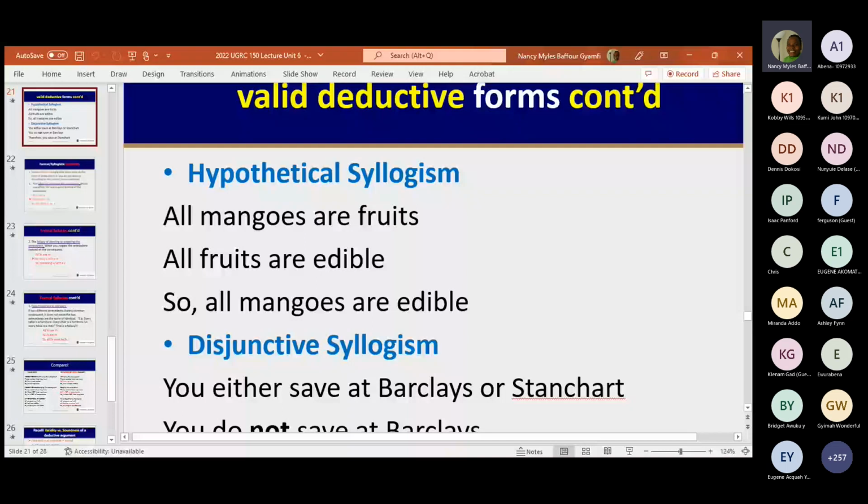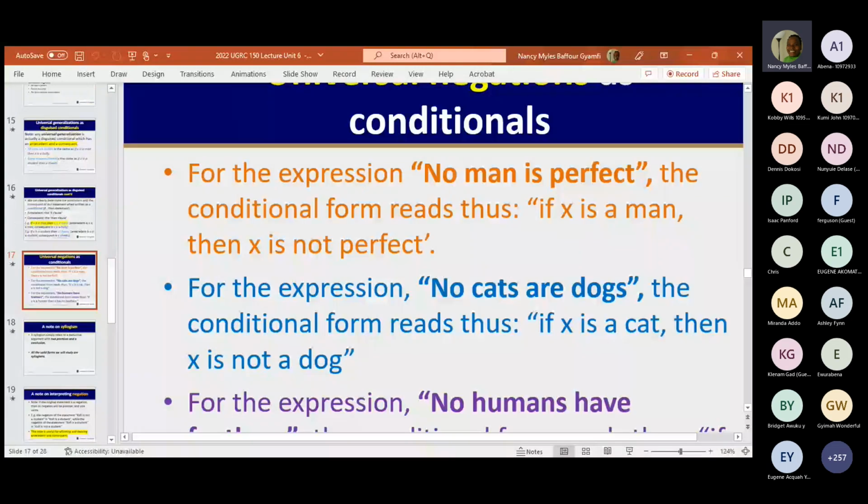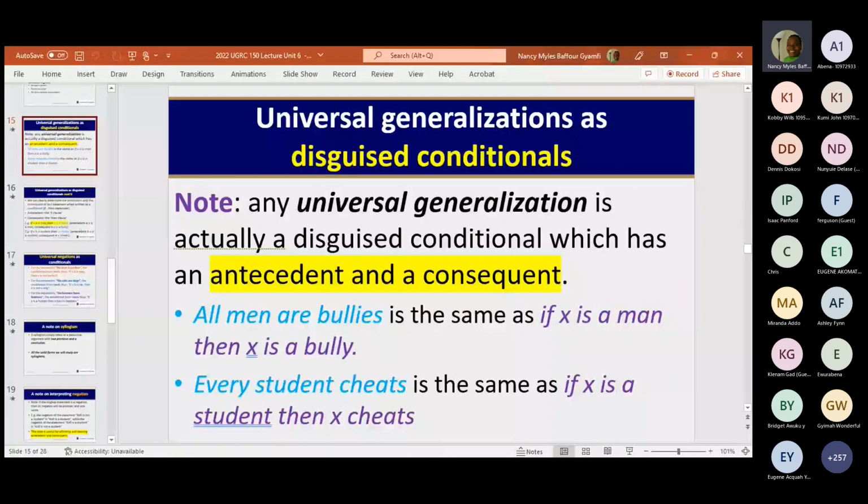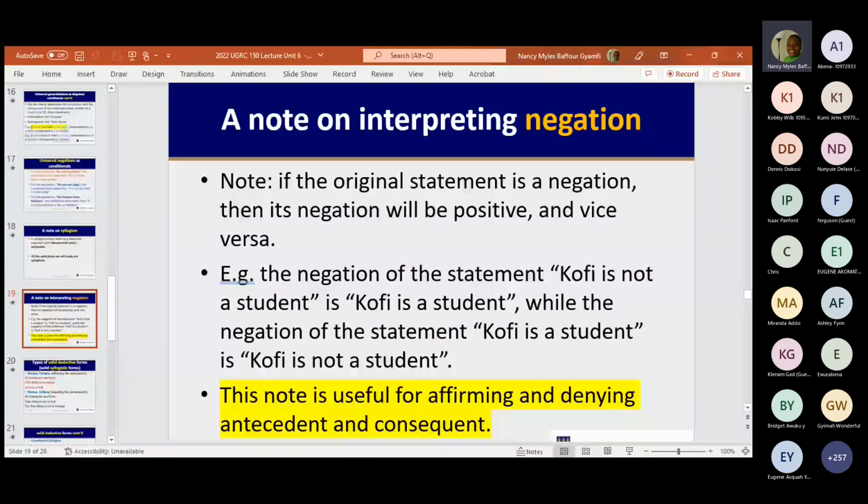If the original is negative, its negation will be positive, and vice versa. If the original is positive, its negation will be negative. So if I say, take Kofi is a student as the original, then to negate it, it will become Kofi is not a student.